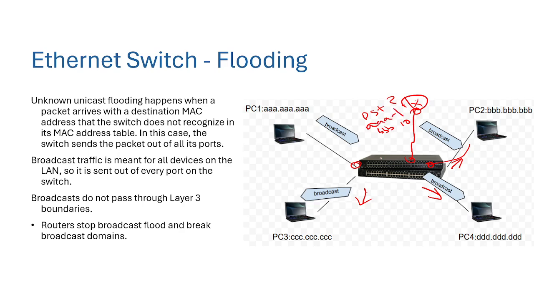Then PC2 replies. Again the source packet is coming in, so it learns the MAC address of PC2, BB on port number 10, and sends it to PC1 because it already knows where PC1 resides. Now it won't broadcast. This packet will be sent only to PC1. This is how the switch learns the MAC addresses of all the connected devices on the network.